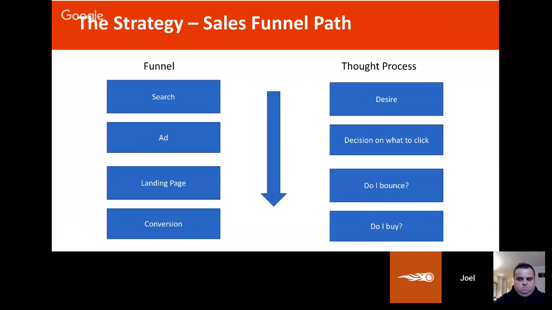When someone hits that landing page, they then respond to it. They then decide, they either bounce or they stick around and absorb its content. And then afterwards, they make the decision to purchase, which could take a lot more time, but that's something that we're not going to discuss right now, exactly what happens after they hit the page, because it could get a bit complex. But the bottom line is that there is a process.